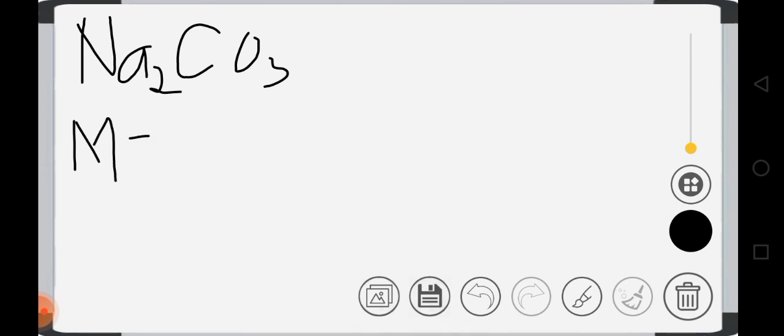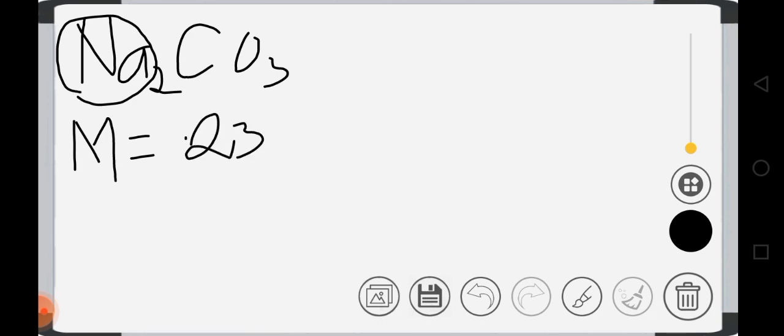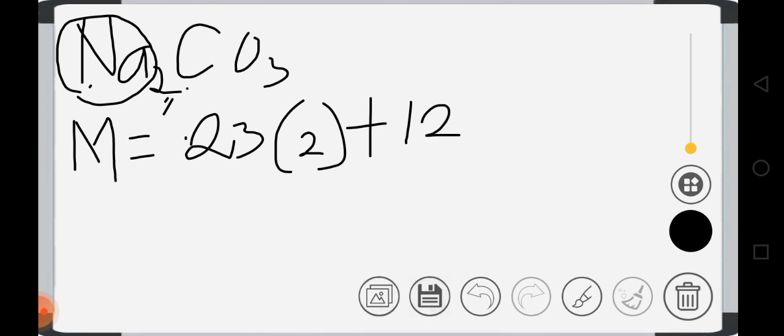So the molar mass will be equal to, now what is the mass number for this Na? We're given it in the question, it was 23. So you replace Na with 23, then this 2 here will still remain there. Then plus, what is it for C? In the question, C is equal to 12. Then plus, what is the molar mass for oxygen? 16 in the question.